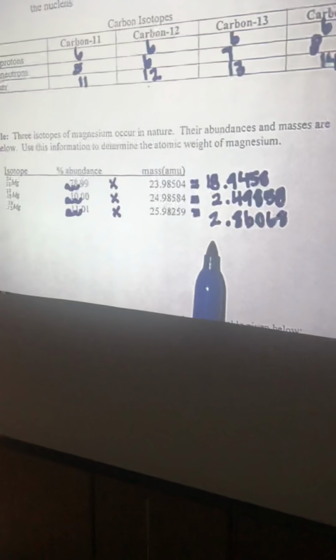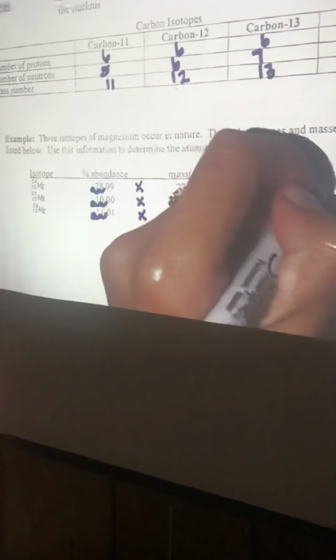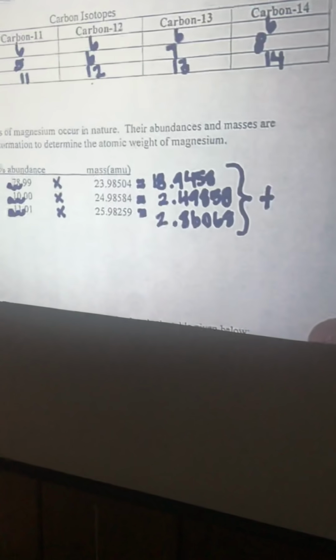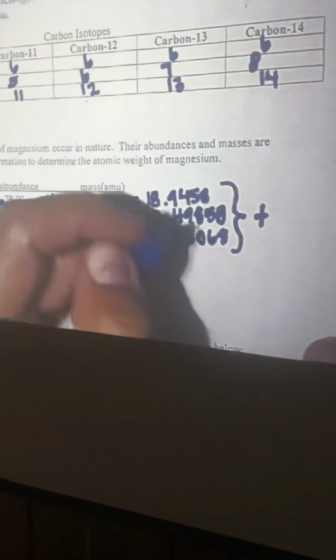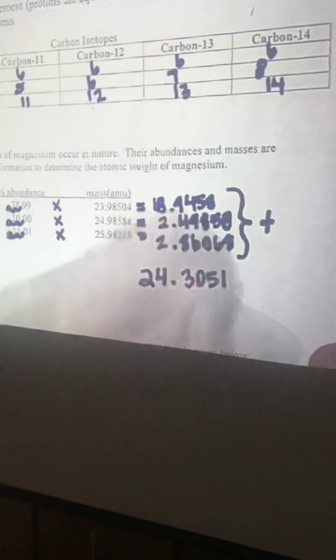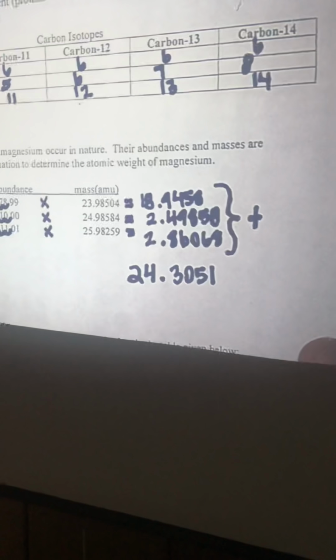I am just going to add all my answers together. So I'm going to plug it in a calculator, and again I took the liberty of adding them to save time. My answer is 24.3051. Okay.